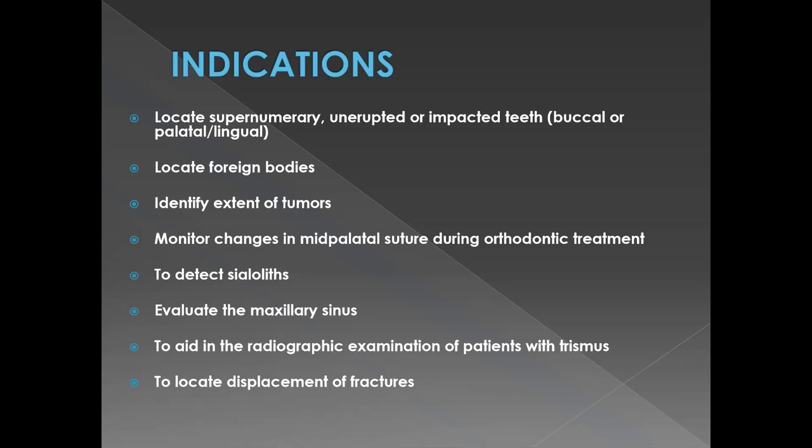Then the second thing that you can do is perform occlusal X-rays for that patient, and hopefully they can tell you if there is any tooth which might be the cause of the trismus. And the lower occlusals are also useful in locating the displacement of fractures in an anterior-posterior direction.